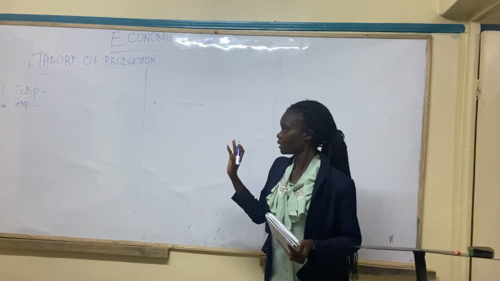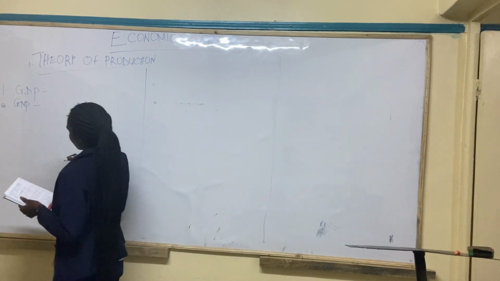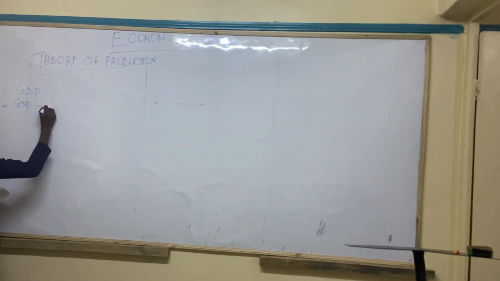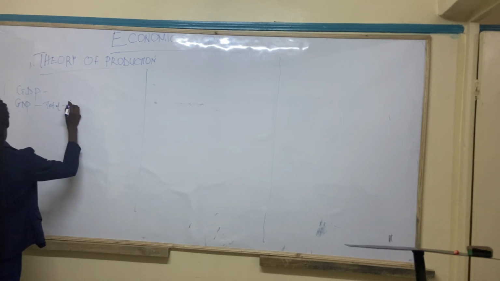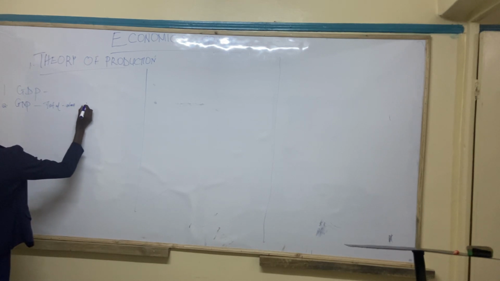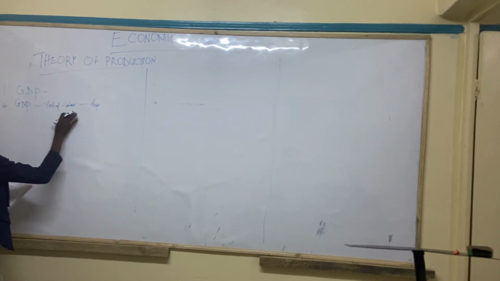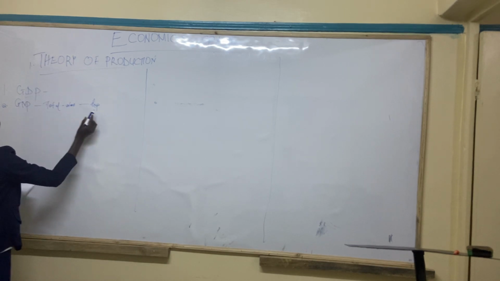This is the value of the total volume after allowance has been made for depreciation. This is before, this is after depreciation.